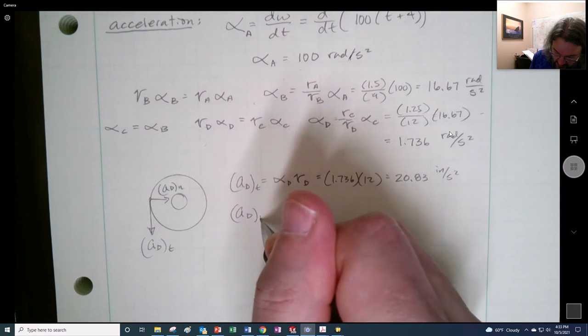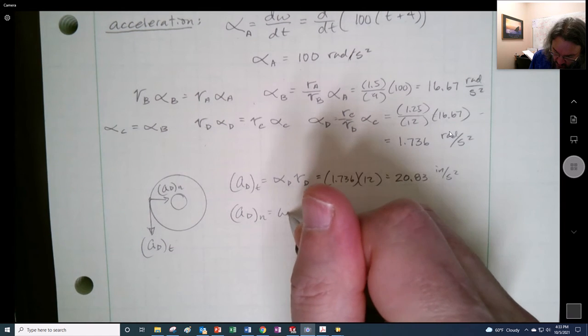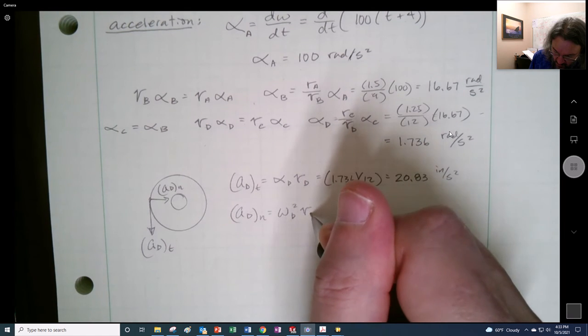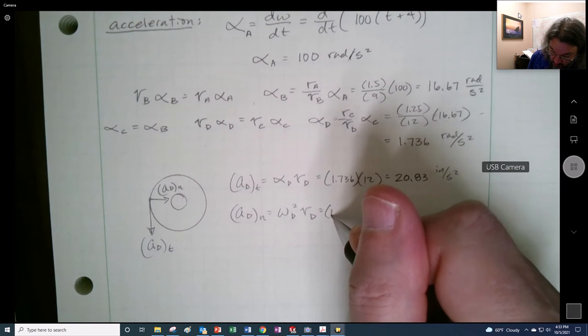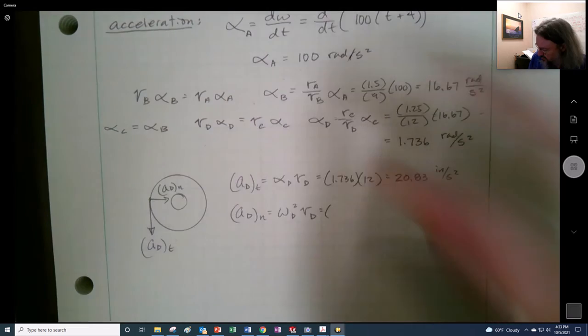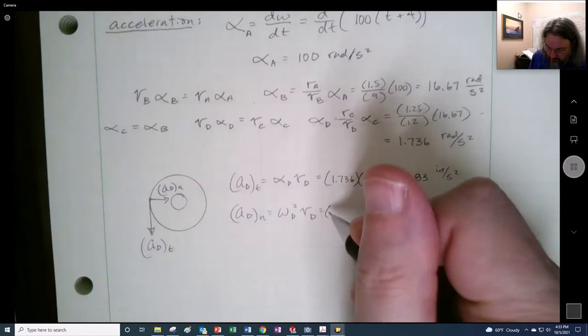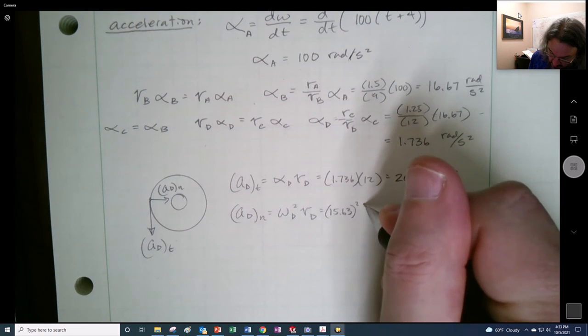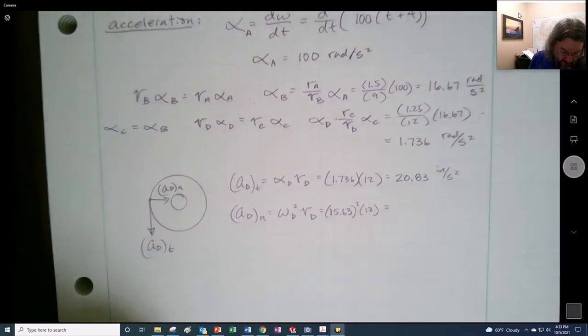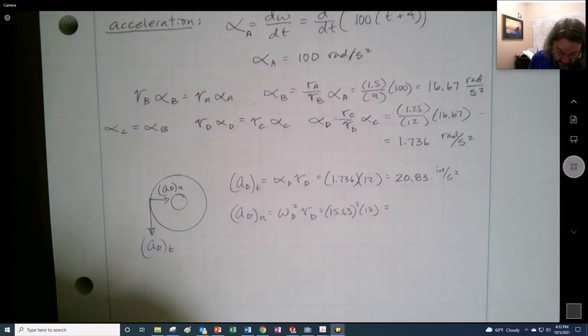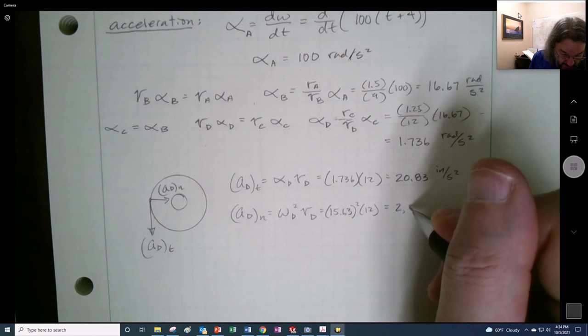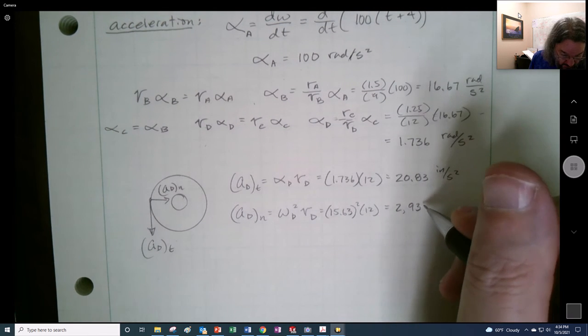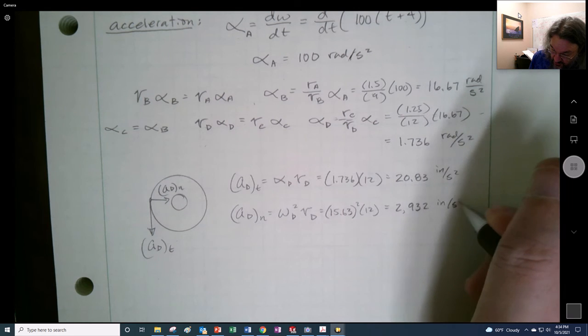The acceleration of D in the normal direction is going to be omega D squared times RD. That was from the previous page, 15.63. So it's going to be a much bigger number. 15.63 squared times 12 is 2,932, call it, inches per second squared.